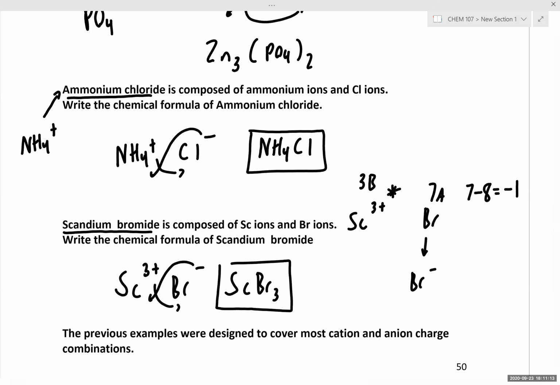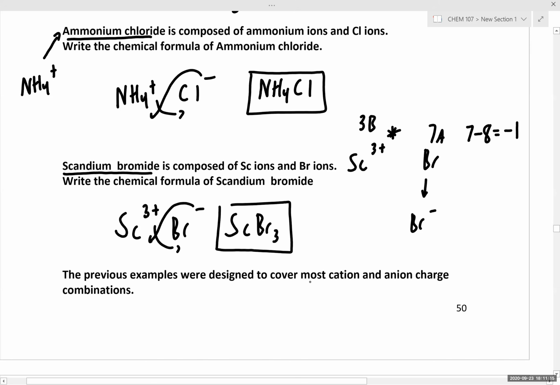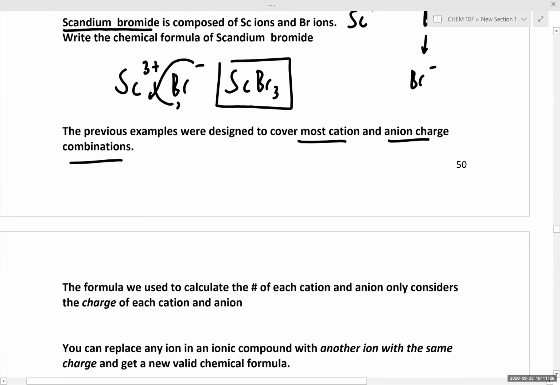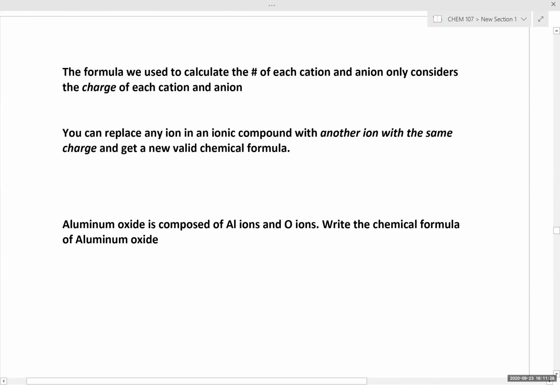So these examples were carefully designed to cover most cation and anion charge combinations, and these can serve as general solutions for a lot of formula problems. Why does that work? Well, the process and the formula that we use to calculate the number of each cation and anion only really cares about the charge of each cation and anion.